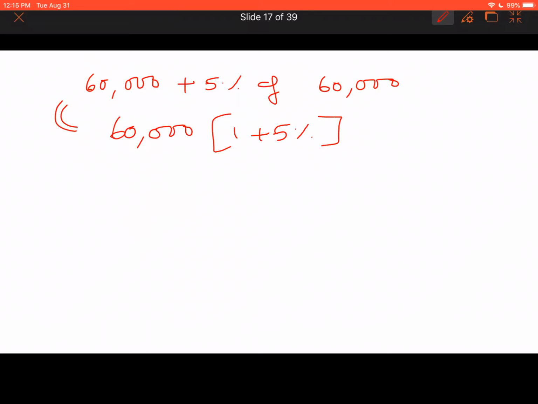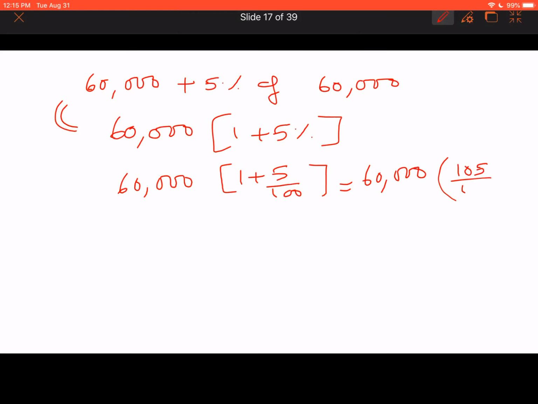Okay, so now I can convert this as 1 plus 5 by 100, right? Which can be rewritten as, if I take a common denominator, 100 plus 5. So 105 by 100, right?